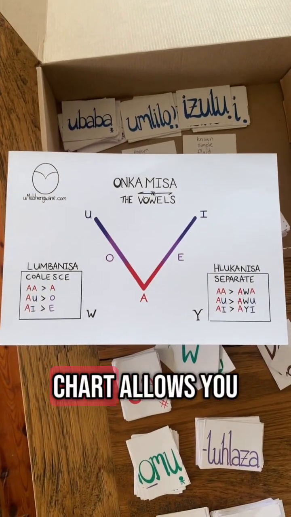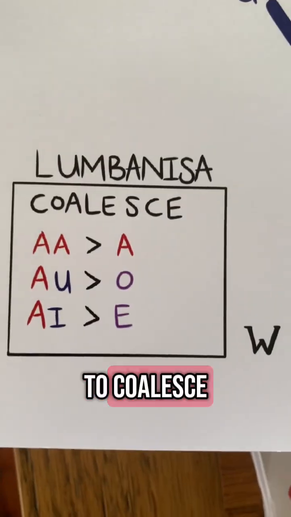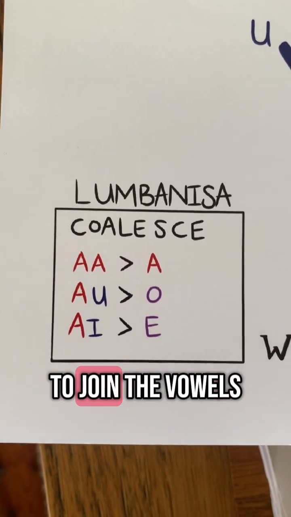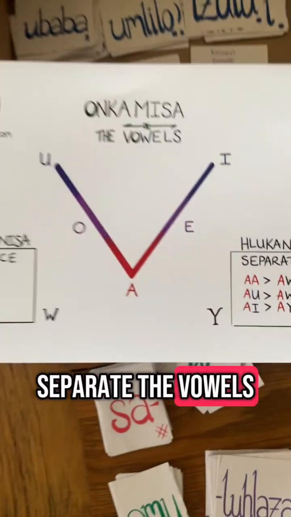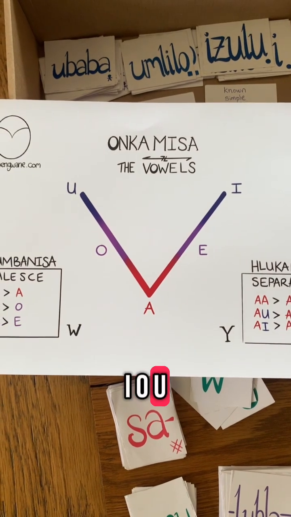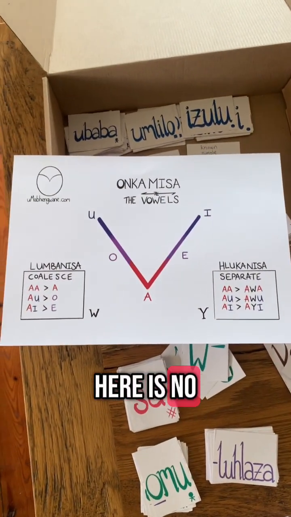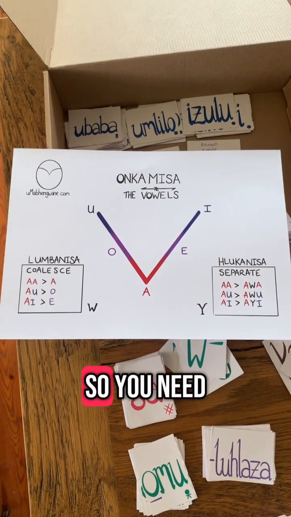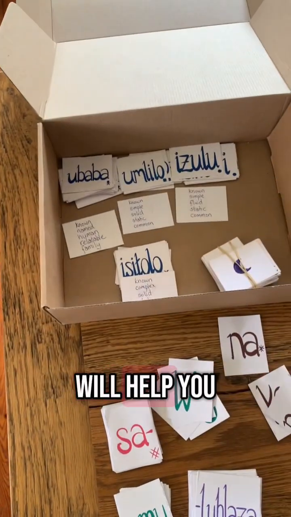And the vowel chart allows you to work out whether you need to coalesce, lumbanisa, you need to join the vowels, or whether you need to hlukanisa, separate the vowels. You'll notice that you've got a, e, i, o, u, but you've also got w and you've got y. The basic rule here is no 2 vowels can be next to each other. So you need to understand that isiZulu is difficult, but this from Mapengwane will help you.